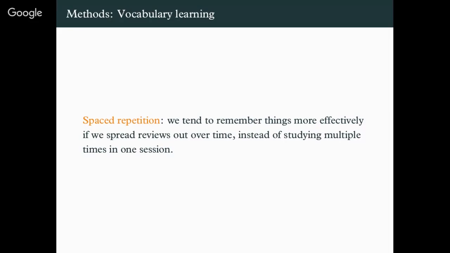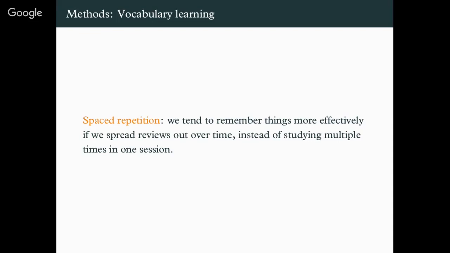Peter. So this is something that a lot of people actually use, but maybe are not aware of the concept behind it. We came across something called spaced repetition. It's a method of memorizing information. We tend to remember things more efficiently if we study them on several occasions spread through time, instead of having just one intense study session that lasts for, I don't know, a few hours, as students tend to do.